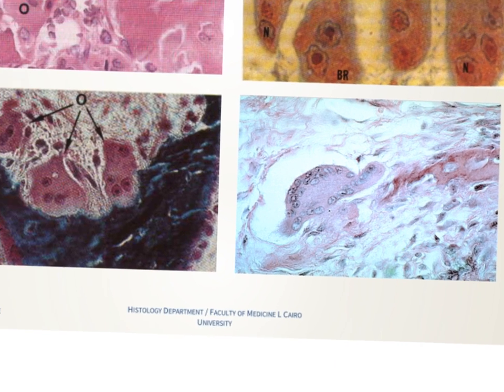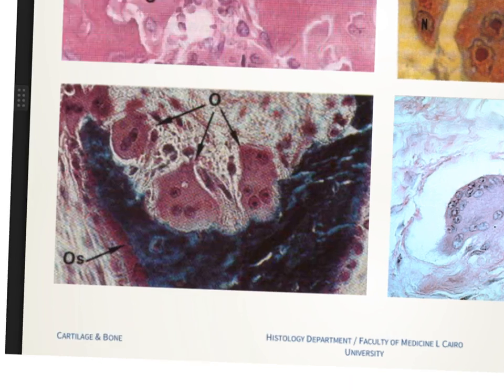Again, we have another one also for the osteoclast. These are three osteoclasts. We have this bony surface where bone resorption takes place.